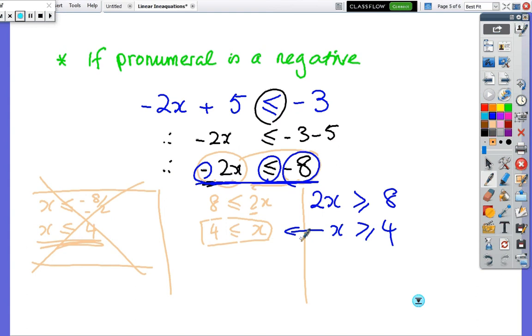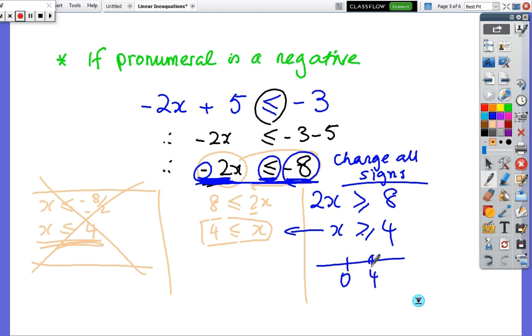So change all the signs, and that's probably the best way to do it. Once you end up with a negative x, change the sign, and change the sign, and then you're finished. And then x is less than 4, and it's 0, it's 4, colour in the circle, and then we go that way. So copy that and come across and do one more.